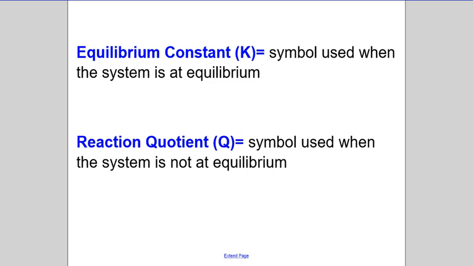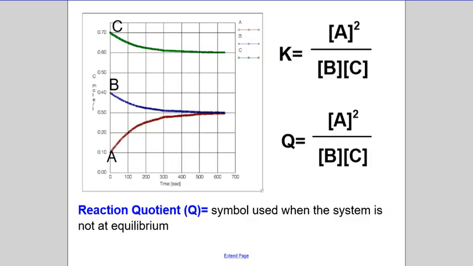Looking at them the way you guys have seen it already, in the last video you saw how you figure out K. You have this product A that's going up, and these reactants B and C that are going down, and then they get to this point right here where they level out and they're at equilibrium. So these are K values.